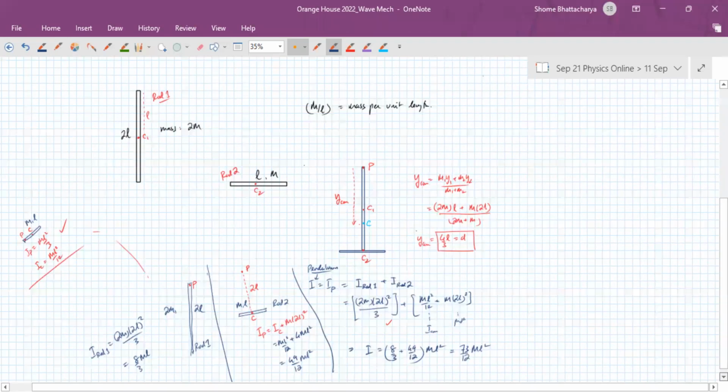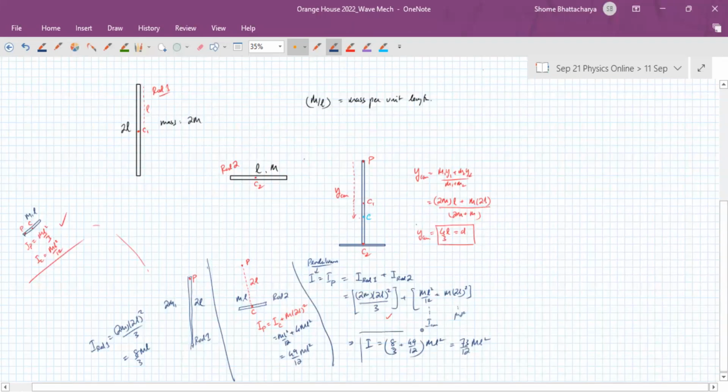Okay, so go over the calculation of both these things carefully, then we'll look at the formula of time period.